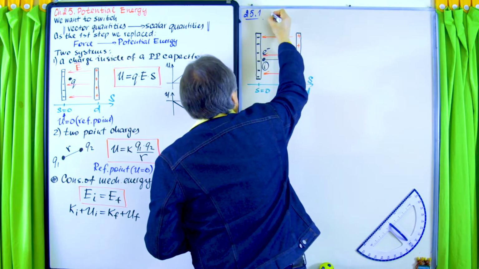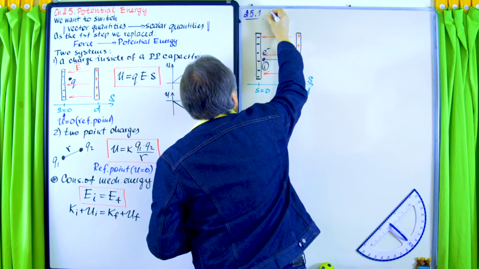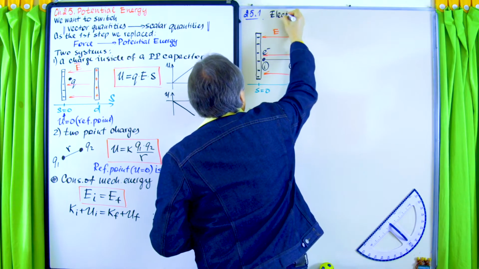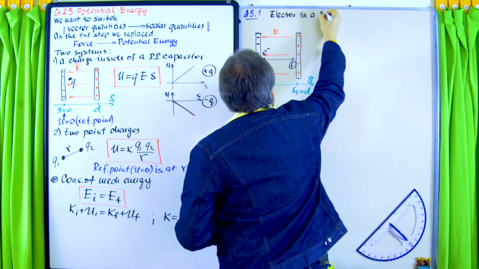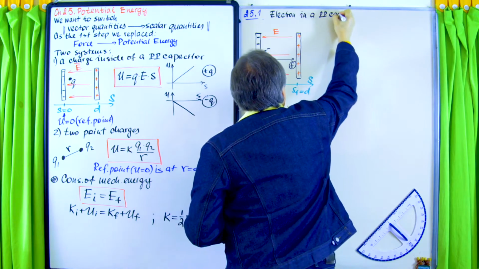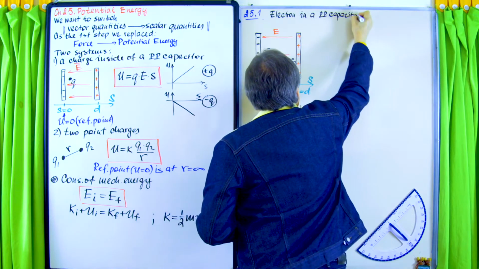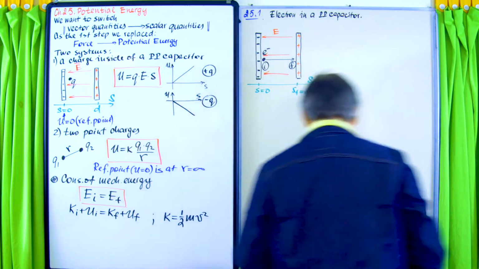So we have an electron in a parallel plate capacitor. That's the system.